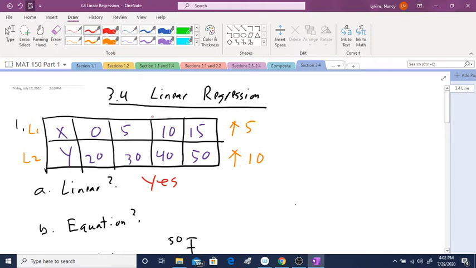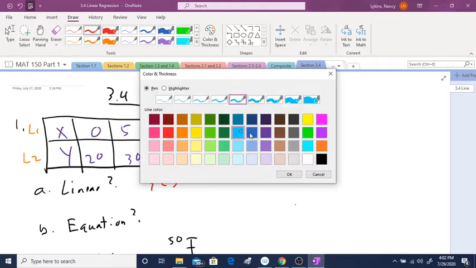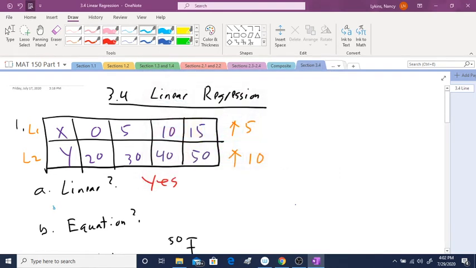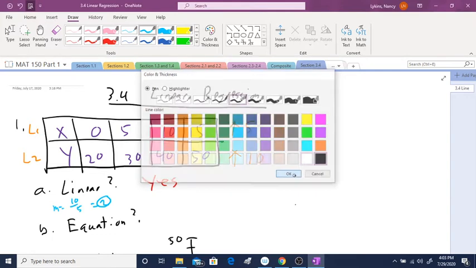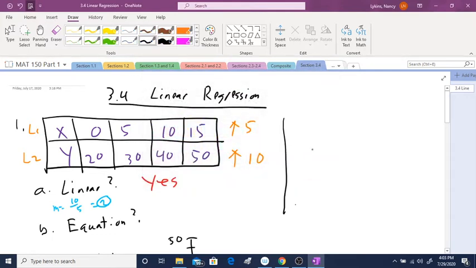So, my slope is going to be, I'm going to just put it right here. Slope is my 10 over 5. Remember, y over x, which is 2. So that's what our equation should be. So just to recap as well, what I want us to do is stat edit.